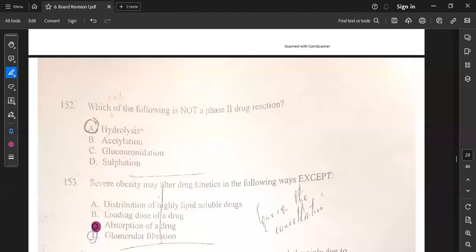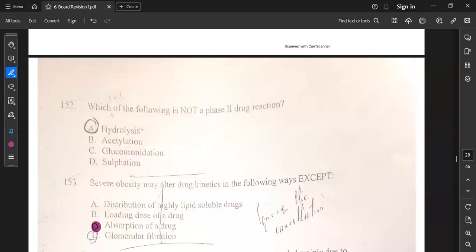I think in that case, it is less to do with absorption and more to do with distribution. I don't know, but I tend to think that lipodystrophy due to insulin is more of a distribution issue than an absorption issue. So are there any physiological or anatomical changes that happen in the GIT due to obesity?